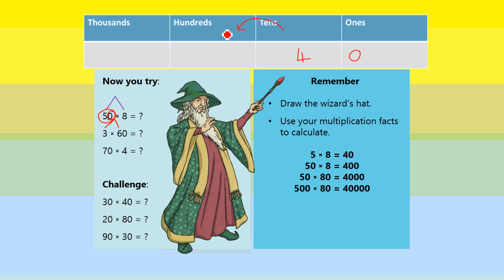So my 4 would go here, my 0 would go in the tens column, and then I would add an extra 0 on the end as a placeholder. So my answer to 50 times 8 would be 400. Pause the video now and then check your answers.